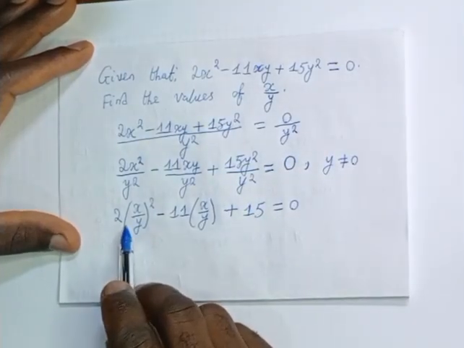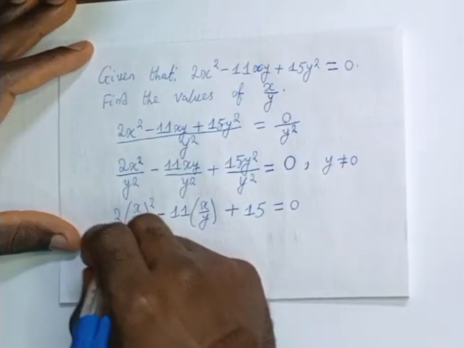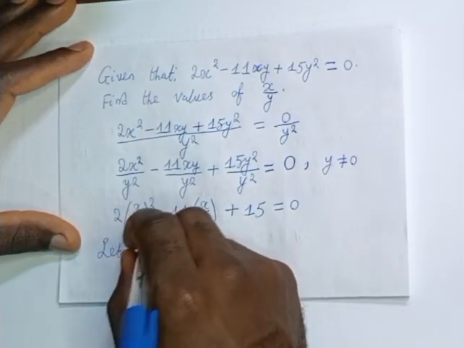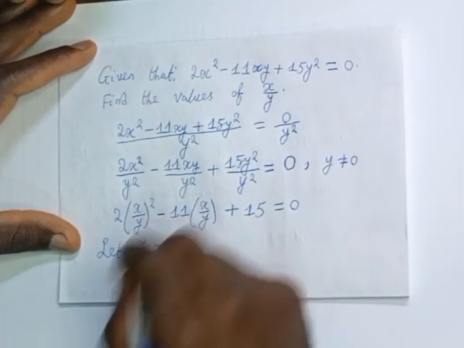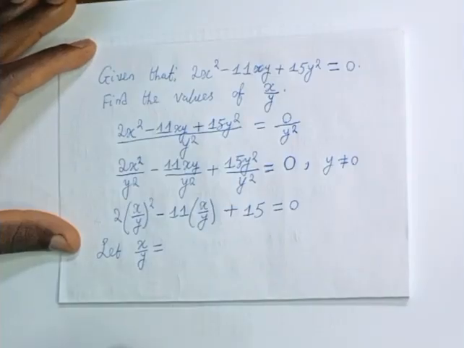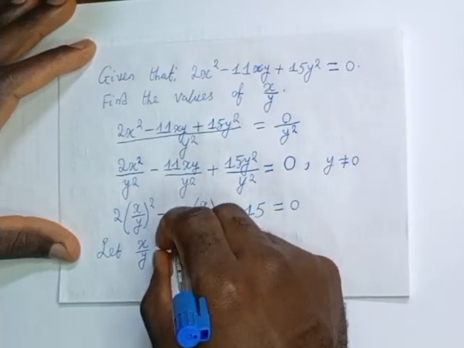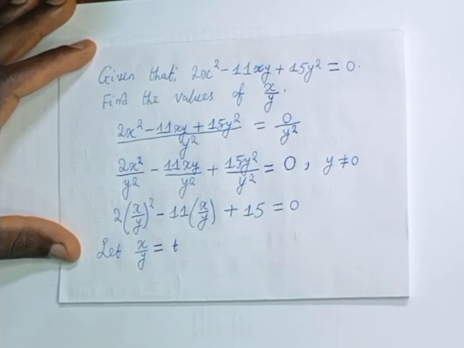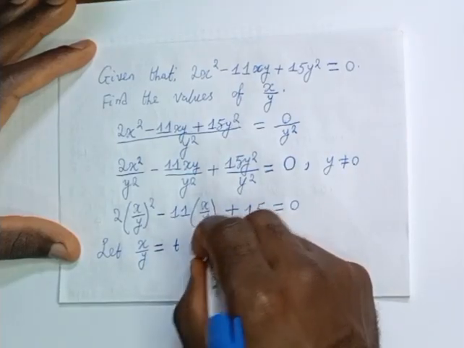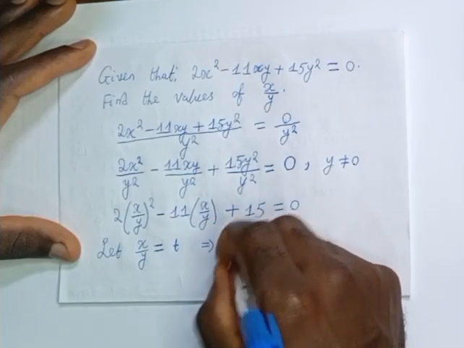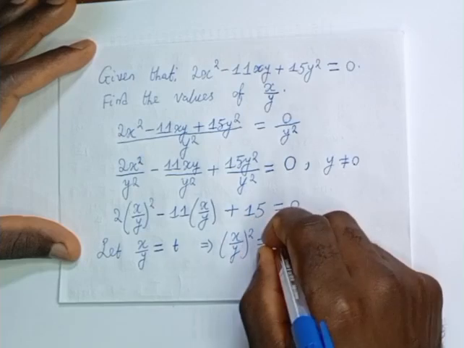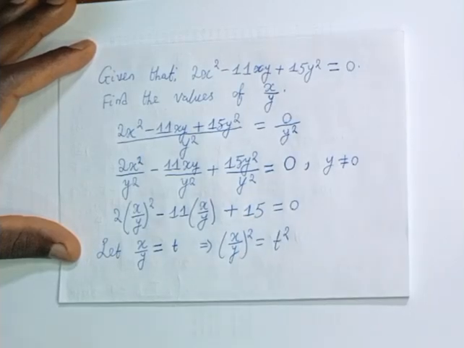At this level, we are going to change variable. We are going to let x over y be equal to t. Then squaring this x over y, all this squared will be equal to t squared.